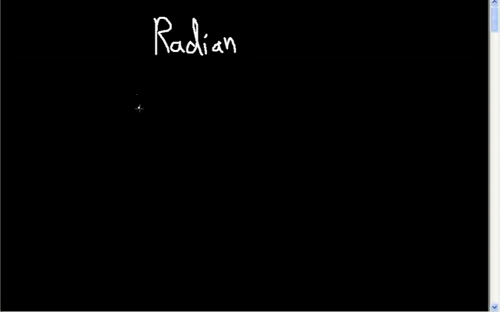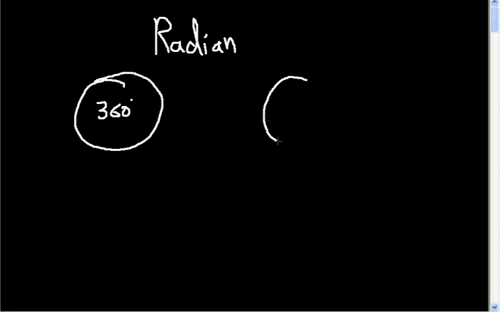So you all know how many degrees you get if you go around one whole circle. You get 360. But if that same angle is measured in terms of radians, you have approximately 6.28 radians.